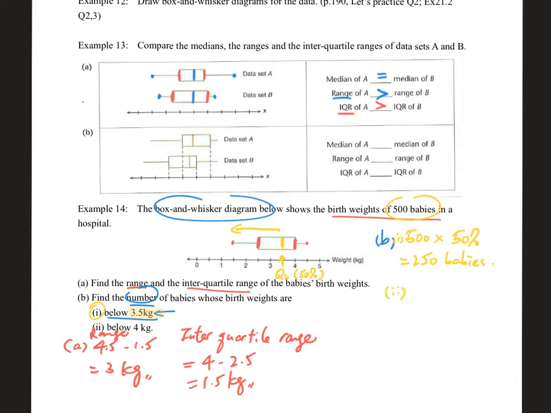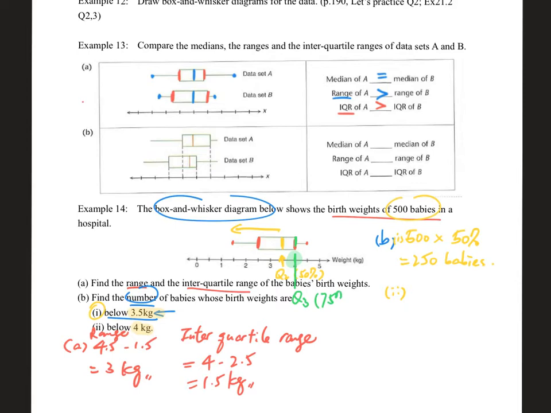So next time when you're finding the number, not talking about maximum, minimum, etc., you have to note what values they're talking about, or what the value 3.5 kg, 4 kg stands for in the question. Let's check B2 as another demonstration. 4 kg is here, Q3.